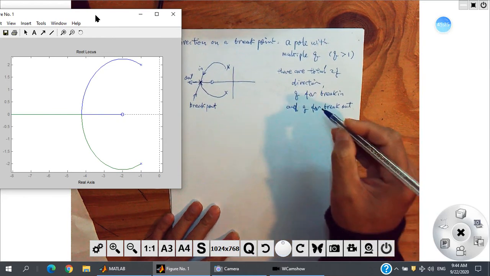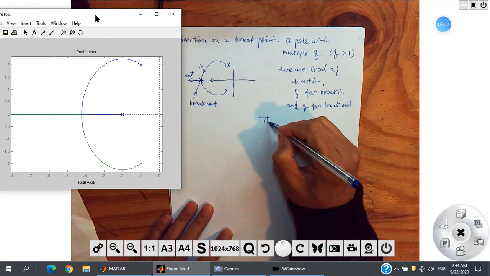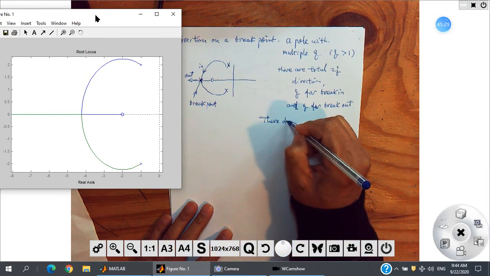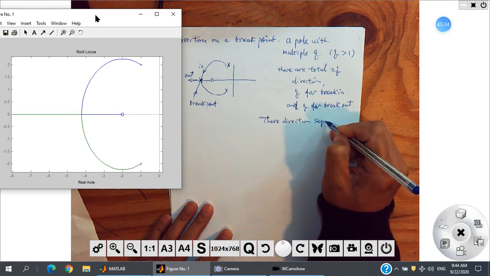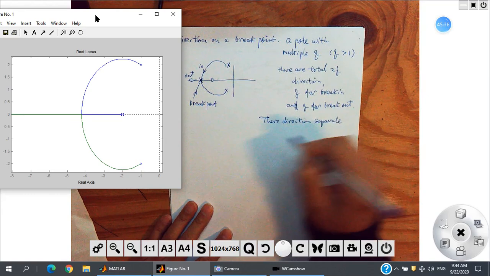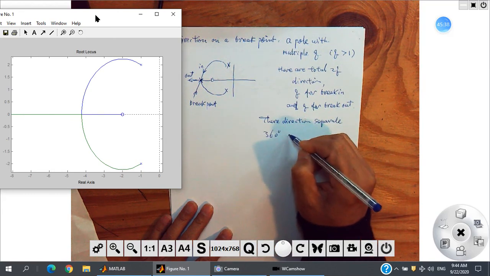And these 2Q directions separate 360 degrees equally.